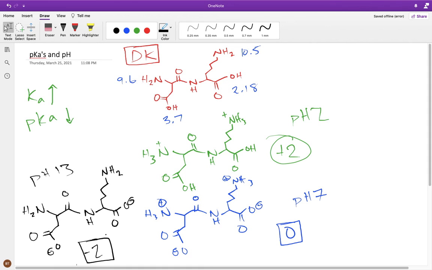So once you've established your pKa's, look at your pH, that's your condition, and relate it to the pKa's. If the pH is lower than the pKa, that functional group will retain its acidic form because we have enough protons in order for that to do so.